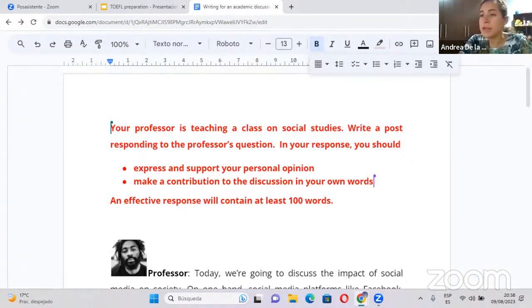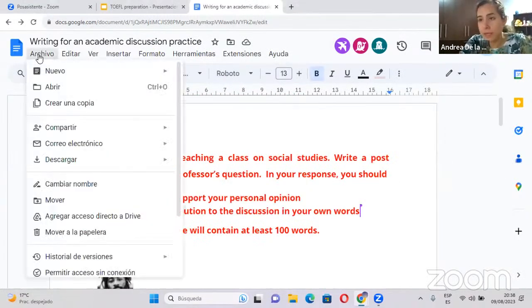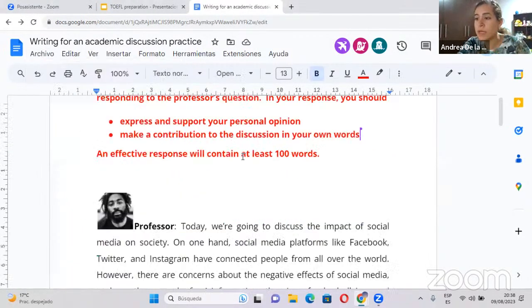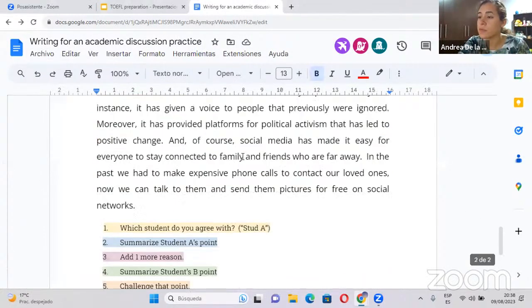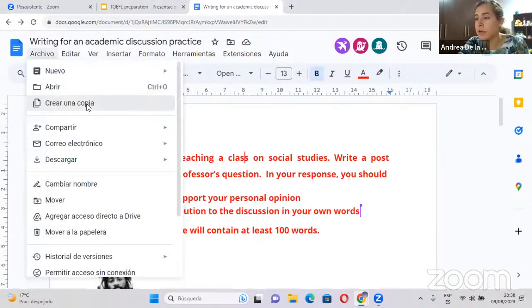Please don't write anything on this document. Don't type anything, okay? What you have to do is go here, File, and create a copy. And you can write down your name in the title of the new document, right? But please make a copy. Don't type anything here, okay? So again, open the link that is on the chat, go to File, create a copy.